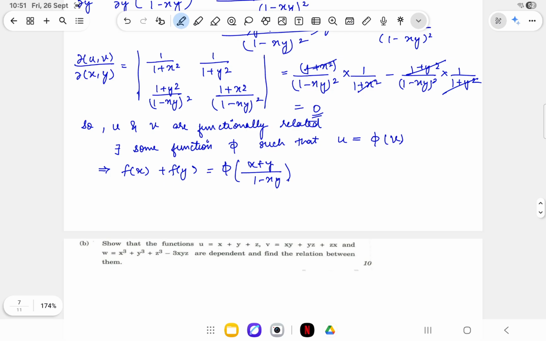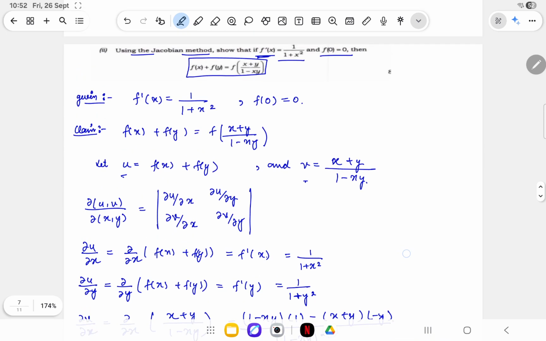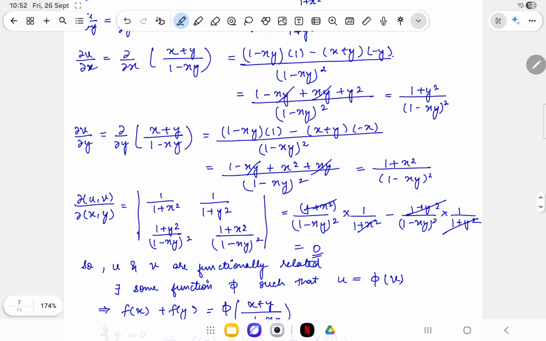Now if you see that, there are two ways to proceed. So first, let us assume that my y is equal to 0, so this will be basically f of x plus f of 0 is equal to phi of (x plus 0) divided by (1 minus 0). So from here, in the question they have given us that f of 0 is basically 0, so I'll use this relation here.